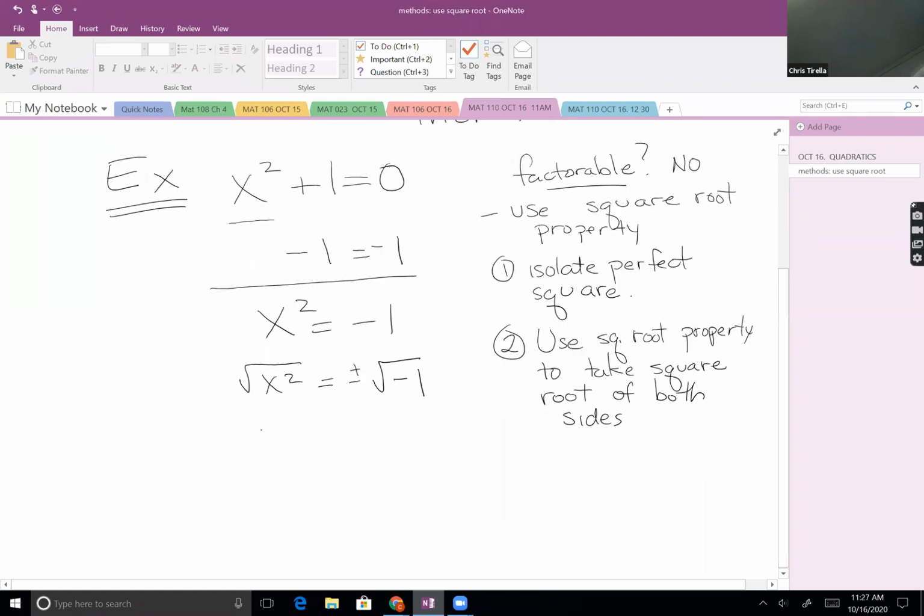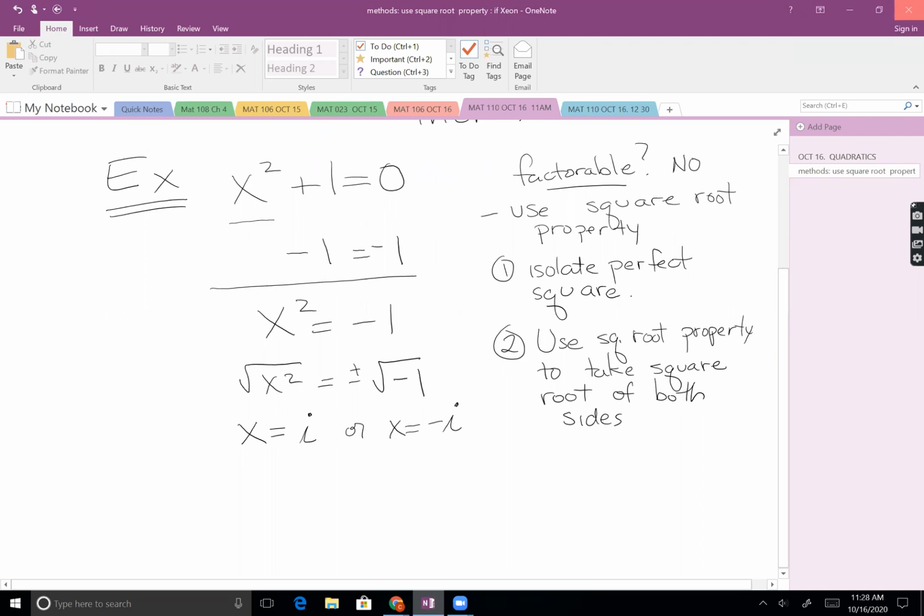And that will give me x equals, what is the square root of -1? So it'd be a -1 and positive. Is there even a square root for -1? Sure, i. That's what we've been working with. Isn't it the square root of -1, i? Oh, yeah, it is.